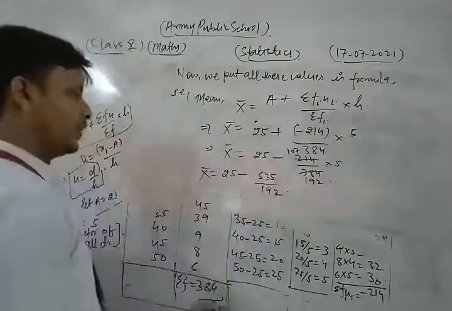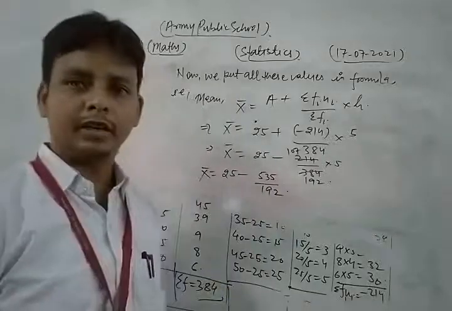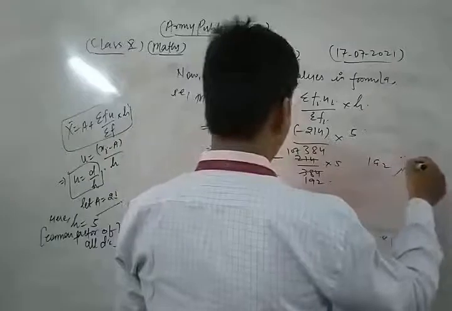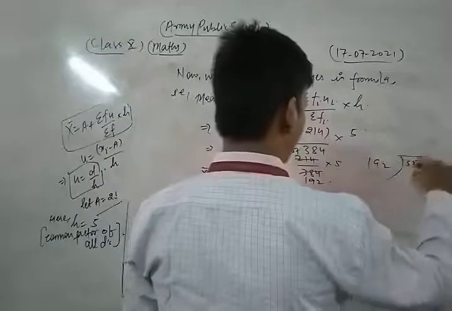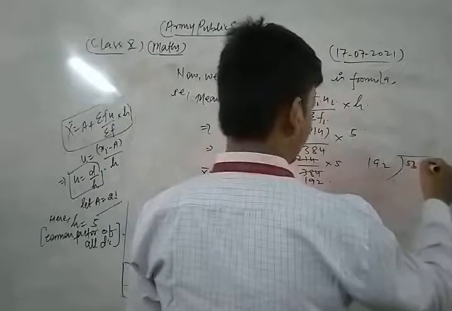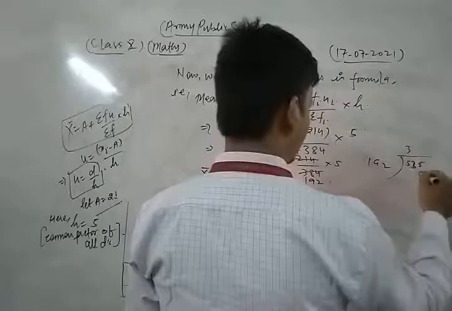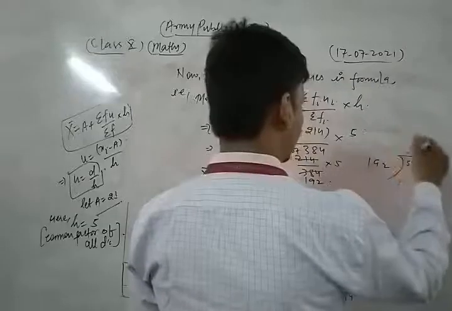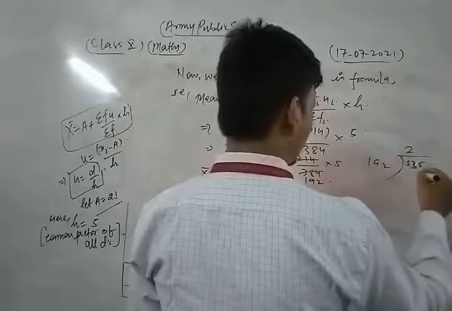So we just divide 535 by 192. That is 2 point something. Take 2 times.